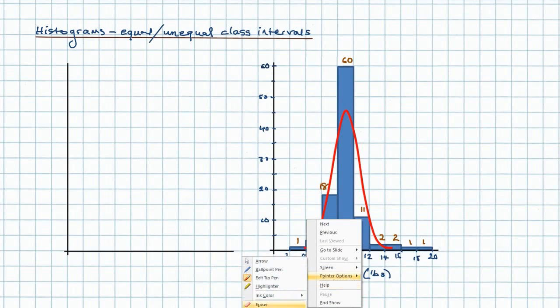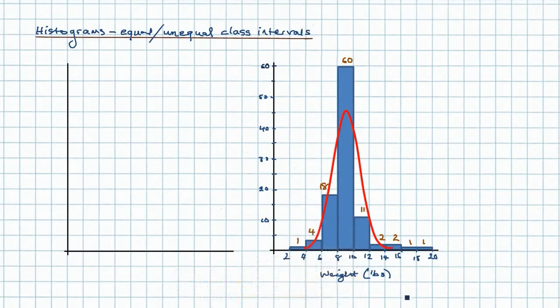They're going to give us unequal class intervals. So let's say we're given data only between 2 and 6 pounds. We're told there are 5 cats between 2 and 6 pounds.